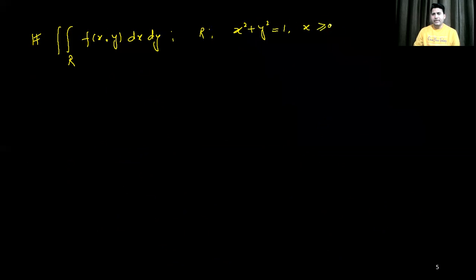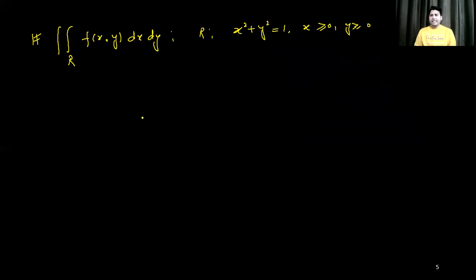Let us see what the other question is. The question is the same: double integral over R of f(x, y) dx dy. And the region is given: R is the region bounded by the circle x square plus y square equal to 1 and x greater than or equal to 0, y greater than or equal to 0.